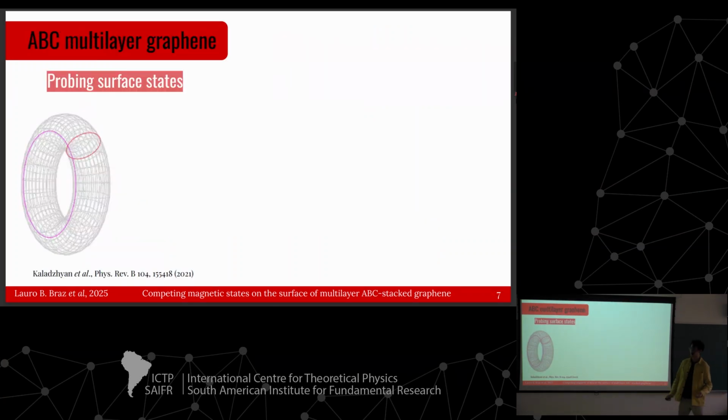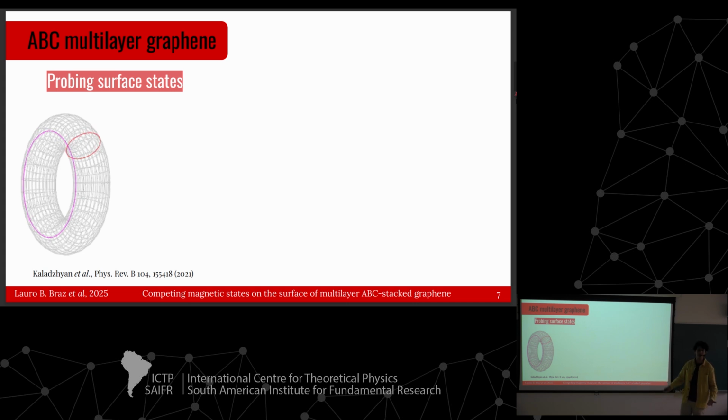So let's start the investigation of the effects of this flat band on the electron-electron interactions in the system. First we need to model these surface states. If one takes a bulk system with kx, ky, and kz momentum as quantum numbers, the momentum topology is just a torus, right?